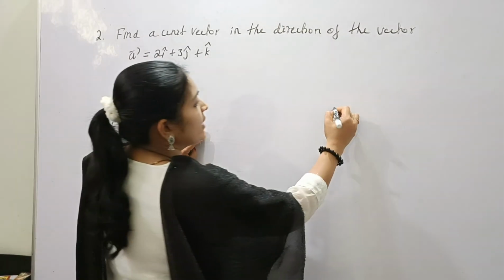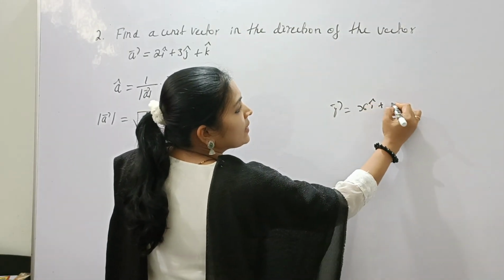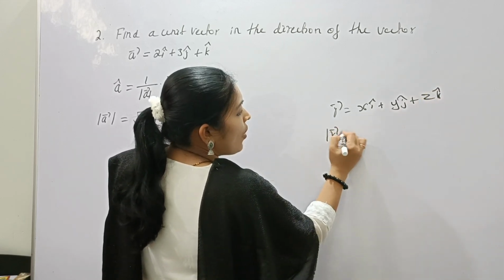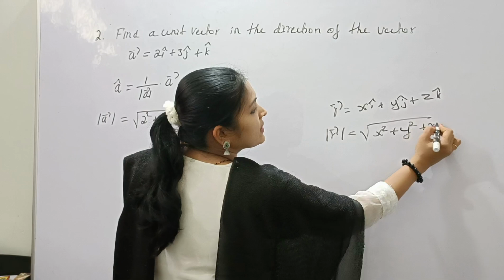Because we know that if r is equal to xi plus yj plus zk, then modulus of vector r is equal to square root of x square plus y square plus z square.